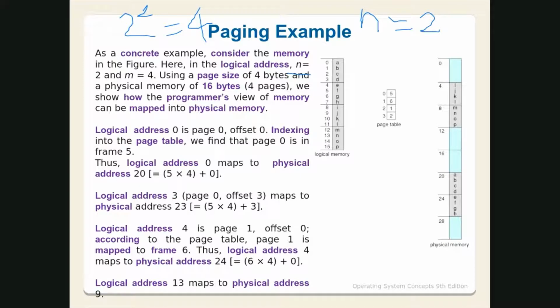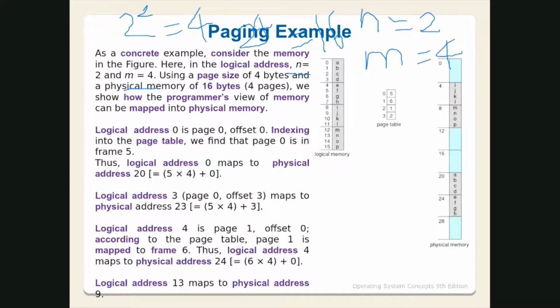And the m value is 4. It's written here, m value is 4. So what does it mean? 2 power 4 is 16. Let me keep that aside.